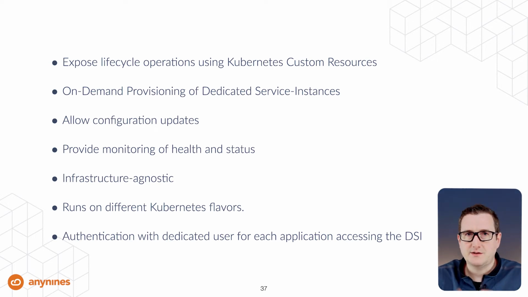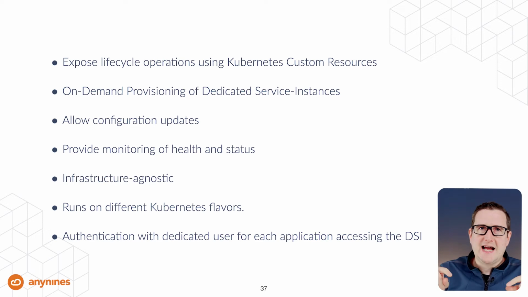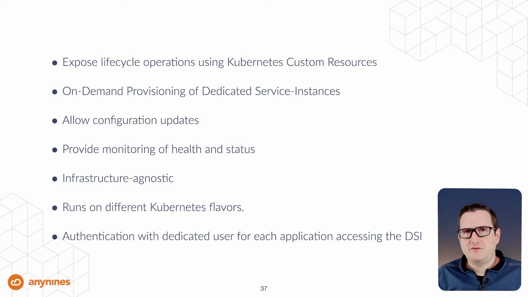For the same reasons, offering compatibility with various Kubernetes flavors is essential. And when providing access to databases, you also need to maintain best practices of securing access to a database. For example, if you have two applications accessing the same database, they should have separate sets of access credentials. And as we've seen with the service binding concept, that can be achieved pretty easily.